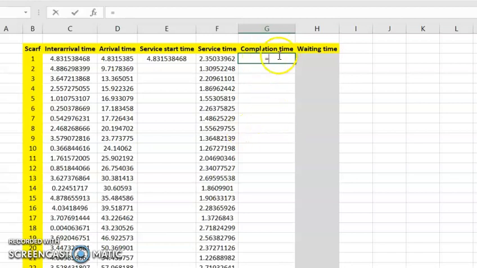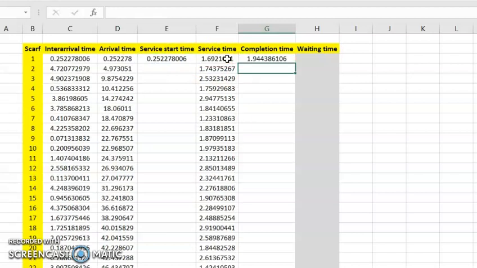The completion time for scarf 1 equals service start time, makes sense, plus service time. Because we want to calculate the completion time of a service. We talked about these things, but again, as a review, because we are doing a model for simulation, it's always common sense.